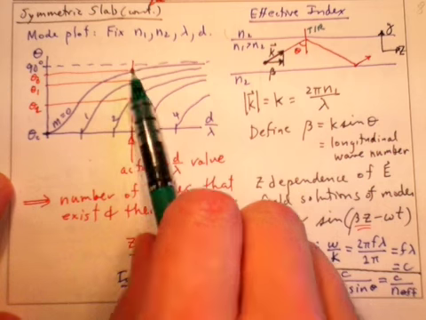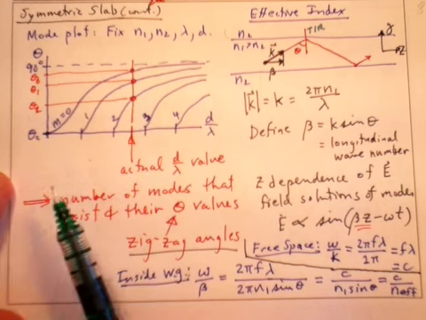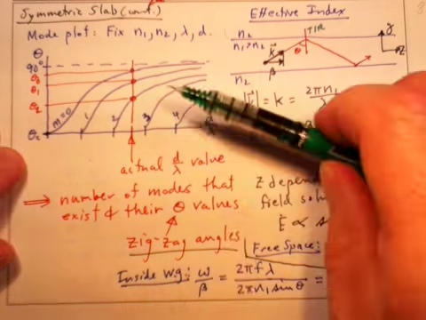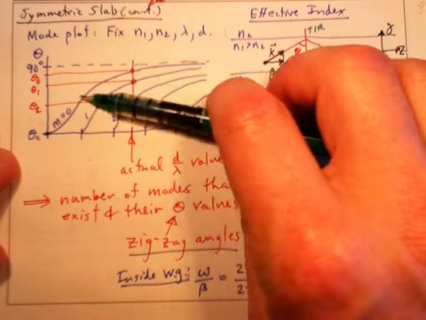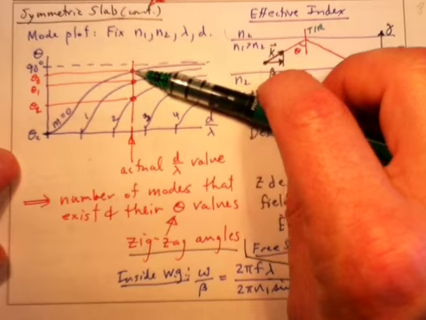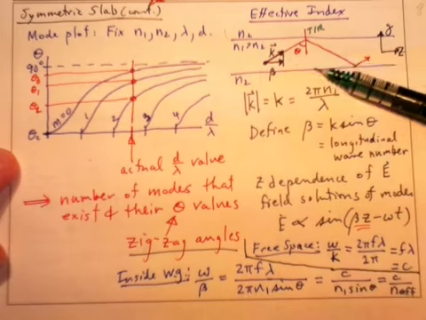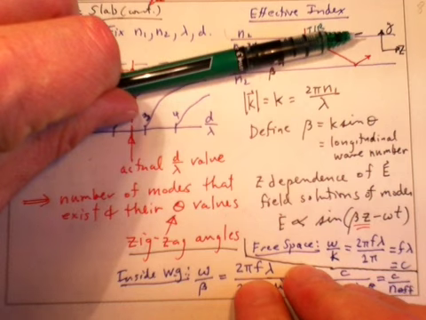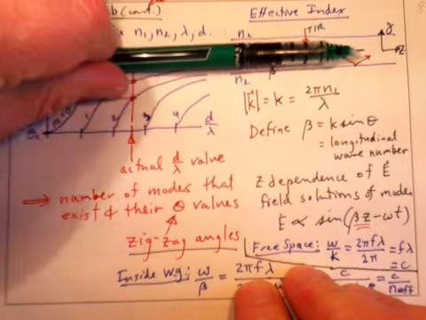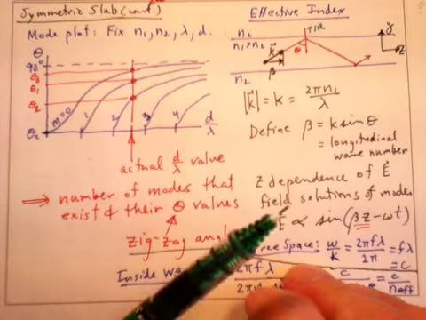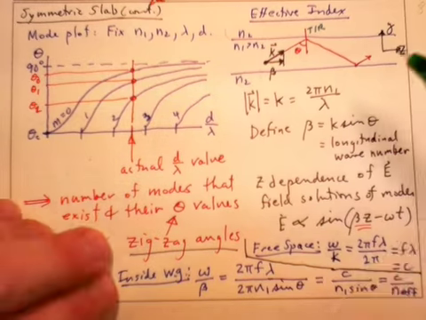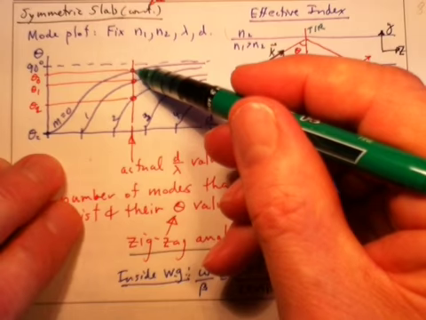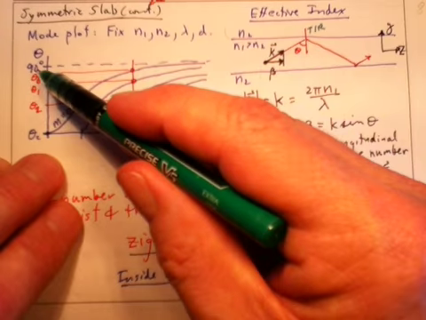Which zigzag angle is the one closest to 90? It turns out it's the lowest order mode which has the zigzag angle closest to 90. The other ones have zigzag angles closer to theta c, and they're more directly going down the waveguide. It's funny though that the one which has the highest effective index is also the one with the zigzag angle closest to 90 degrees. It seems counterintuitive.